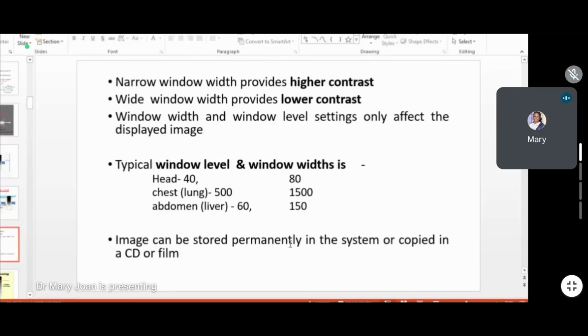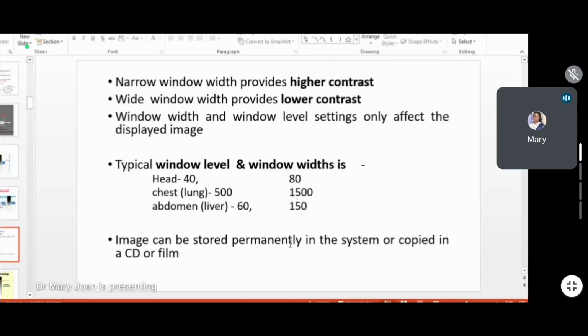Narrow window width provides higher contrast and wide window width provides lower contrast. Window width and window level settings only affect the displayed image. Typical window level and window width for head: the window level is 40 and window width is 80. Chest, for lung, the window level is 500 and the window width is 1500.